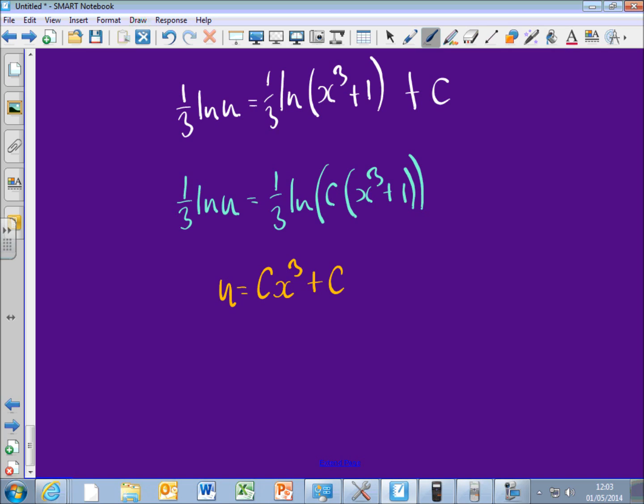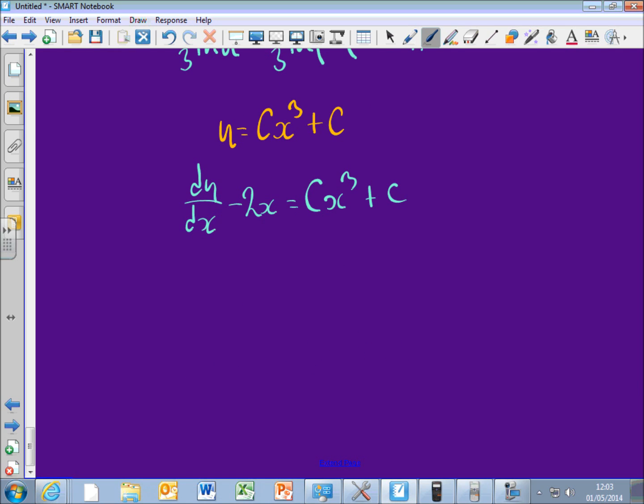But it wants it in terms of x and y. So at this point, you go back and you say, well, u was actually dy/dx minus 2x. And now what I do is I integrate this, right?